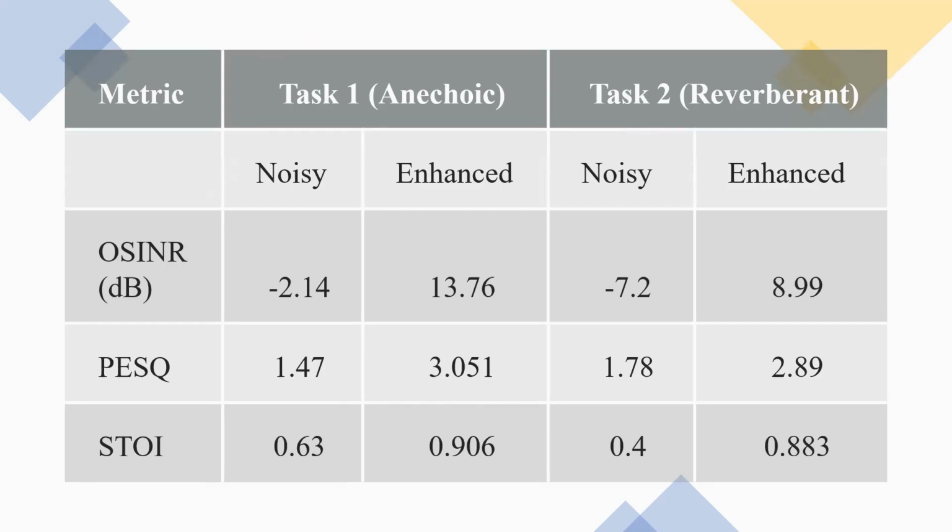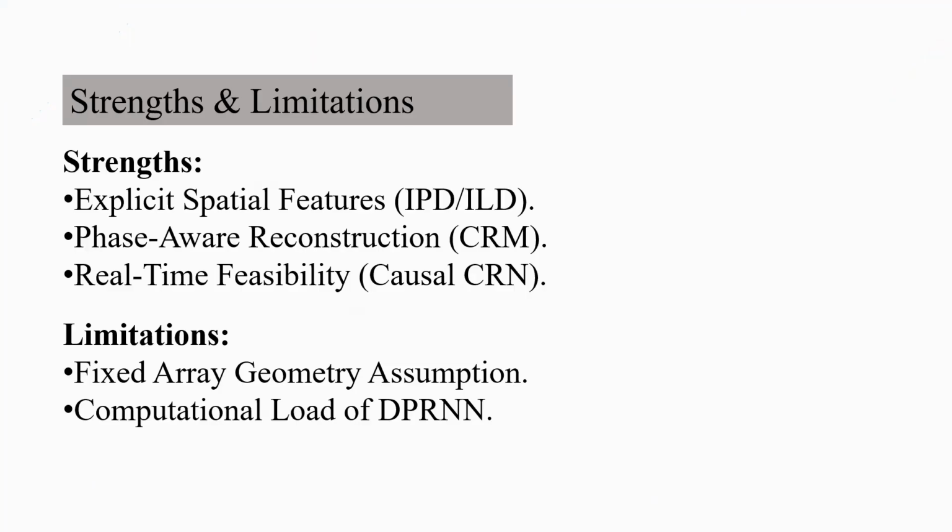The Nyquist Knights have developed a robust phase-aware beamforming system that effectively zooms in on sound regardless of acoustic challenges. So in our next slide, we will tell about strengths and limitations.